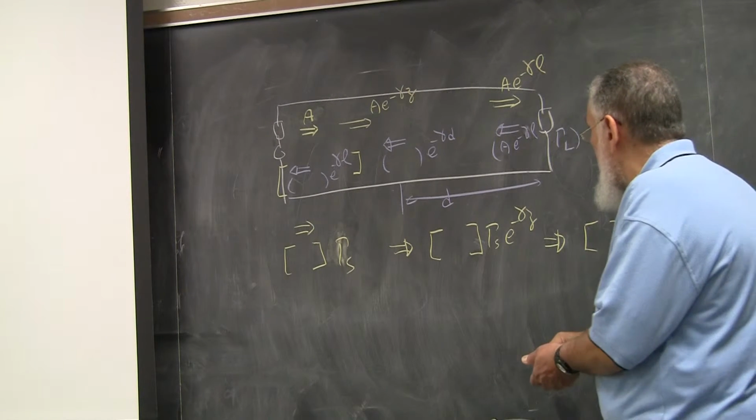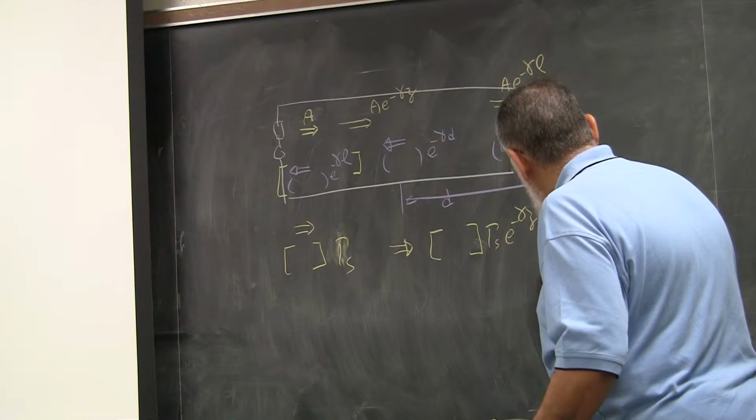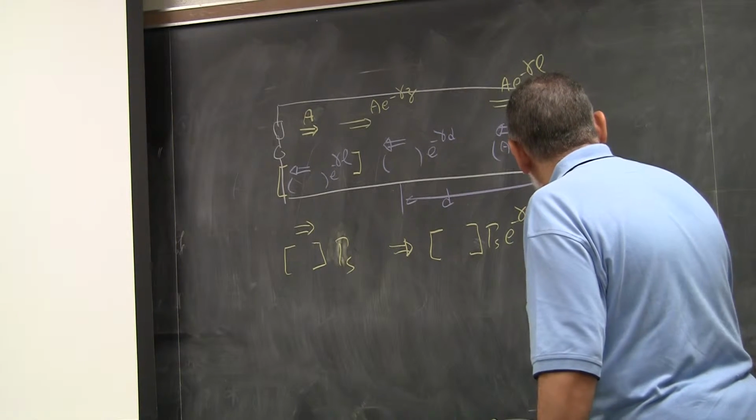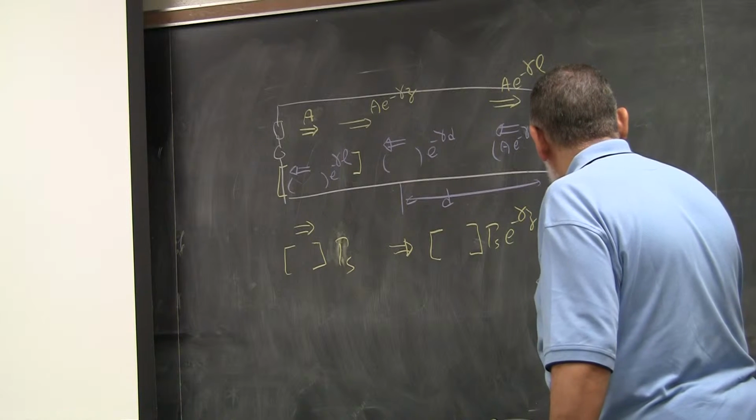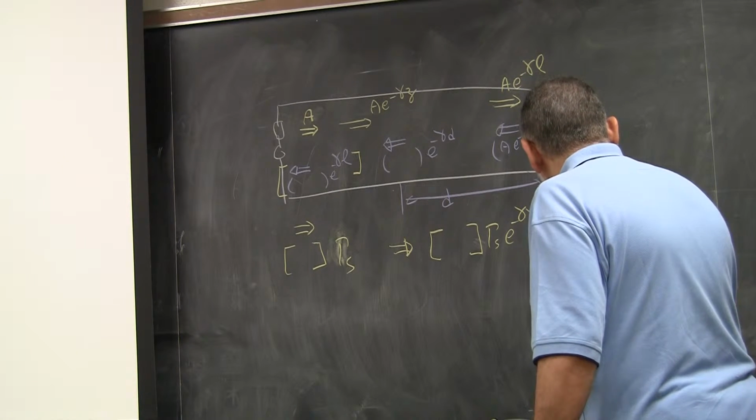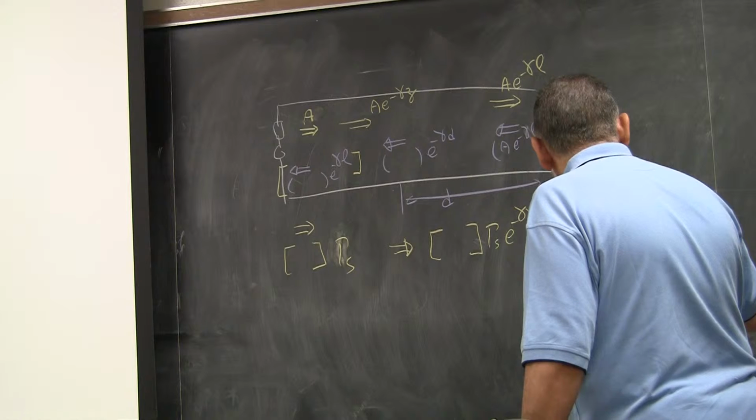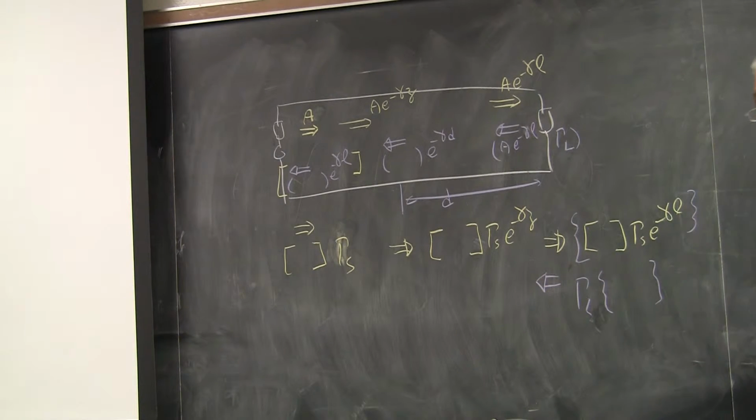And I keep doing that. Again, it reflects again, and if I put this between wiggle parentheses, I have gamma L times wiggle parentheses, and so on and so forth.